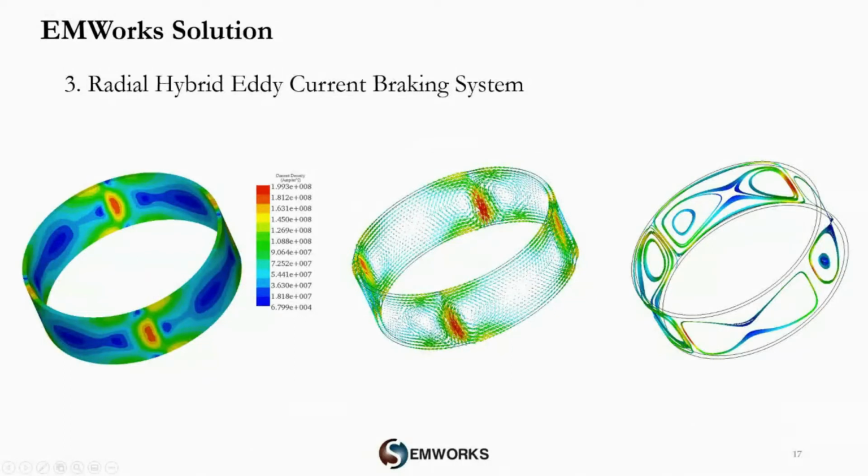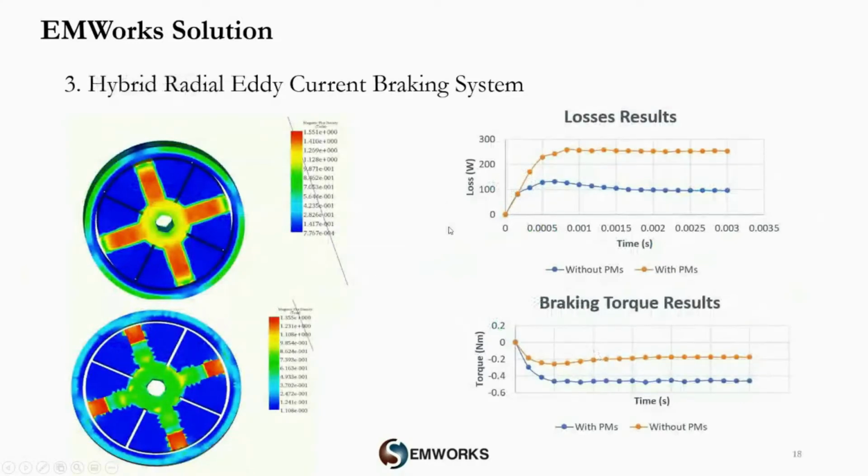It shows you the eddy current in the disk. This is fringe vector and streamline. This figure shows you the effect of adding permanent magnets. So you have coils, but you can see the effect of the permanent magnets.